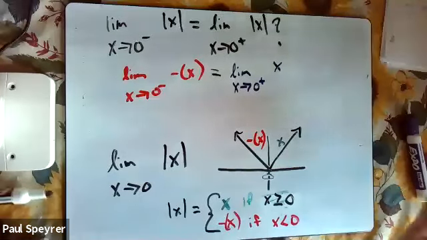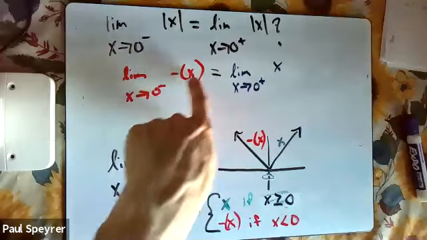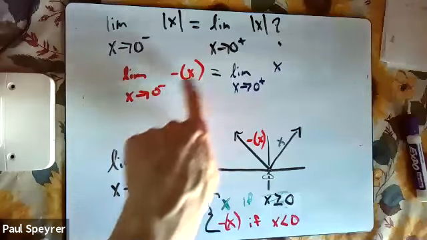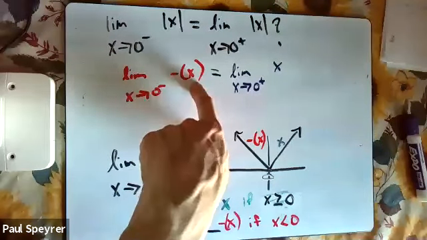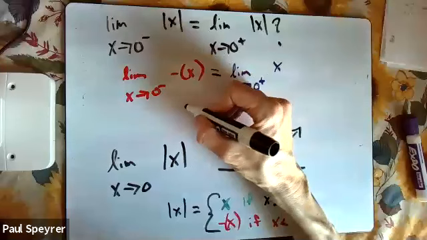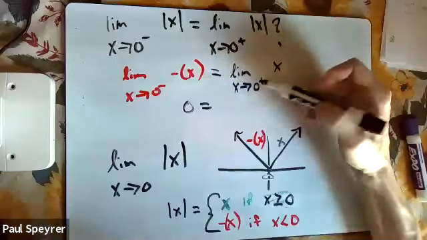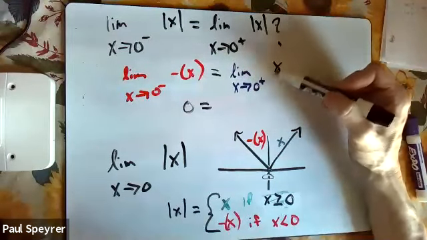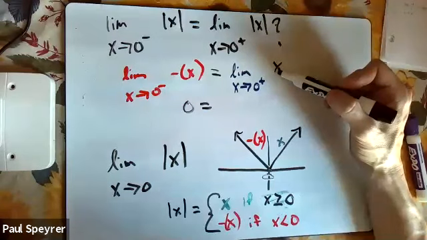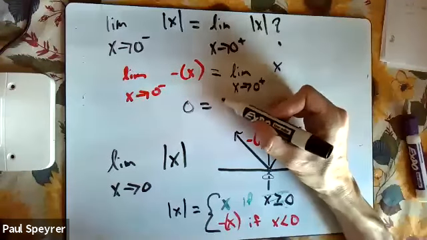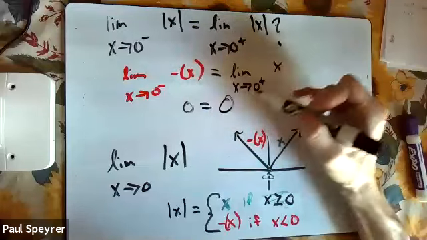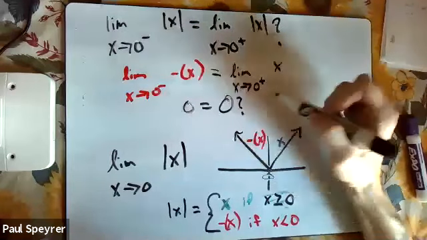So let's simplify, right? Right here I can throw this 0 in because there are no issues, there are no restrictions. So we wind up with 0 equals the same thing on the right-hand side. We can plug 0 into this function because there are no restrictions, there are no issues. So we get 0 equals 0. So is this a true statement?